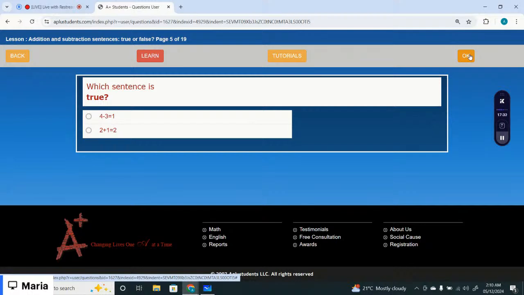Very good. That is 4 minus 3 equals 1. Option number 1 is the correct option. That is 4 take away 3 is 1.